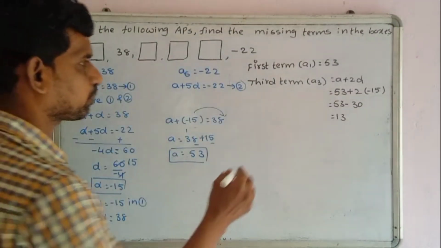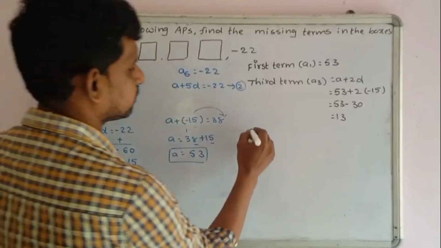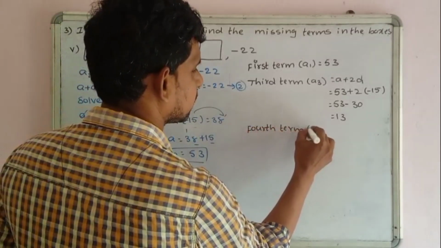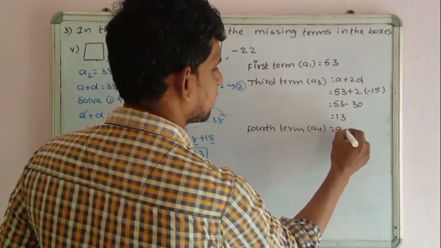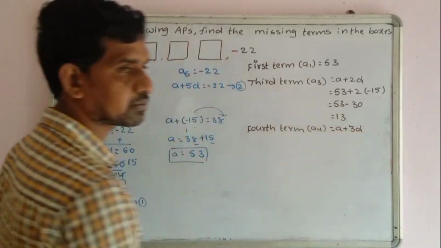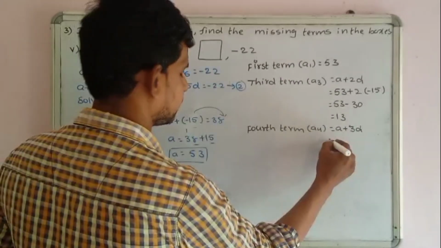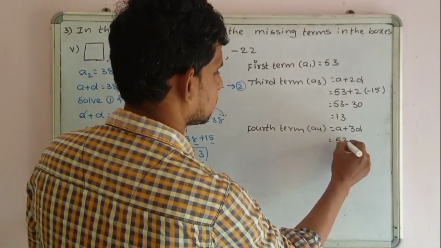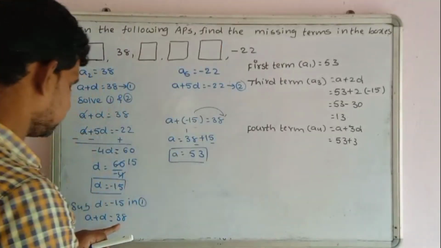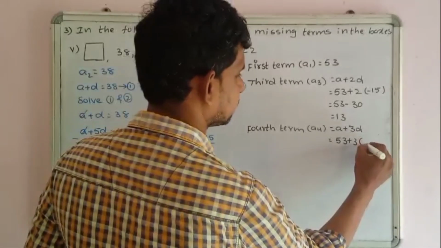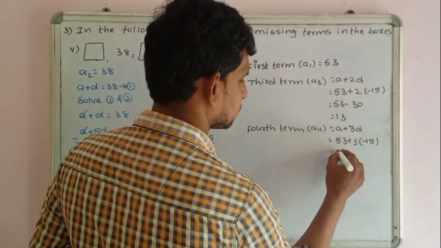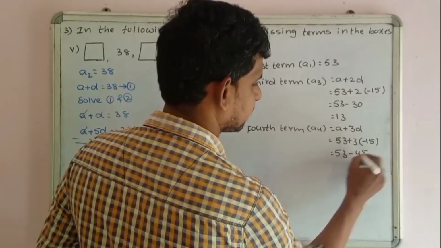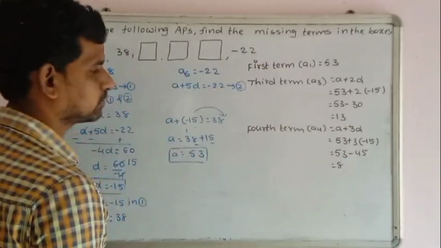Next, fourth term, A4 equals A plus 3D. So A value 53 plus 3, D value minus 15. So 53 plus, into minus is minus, 3 15s are 45, that is 8.